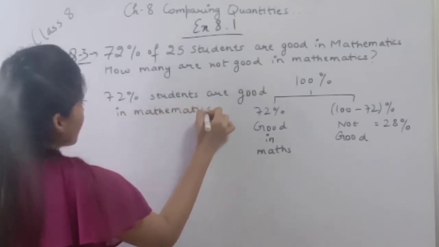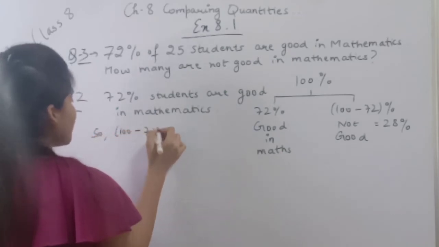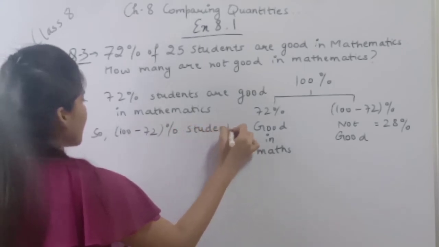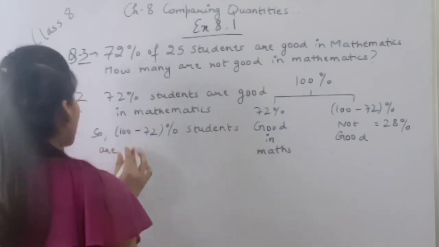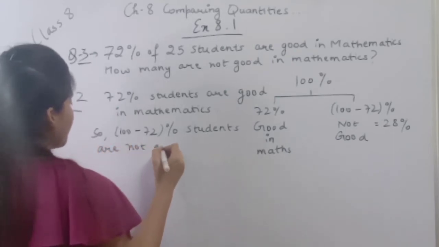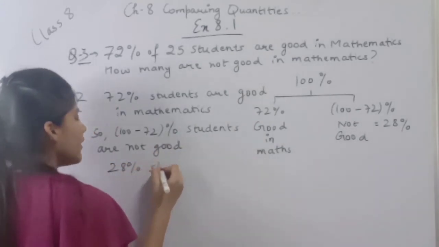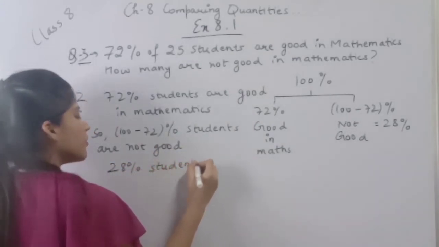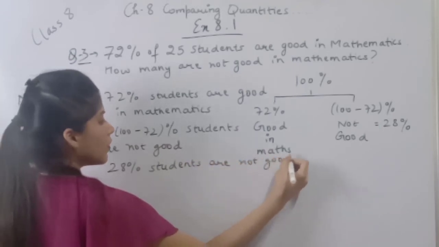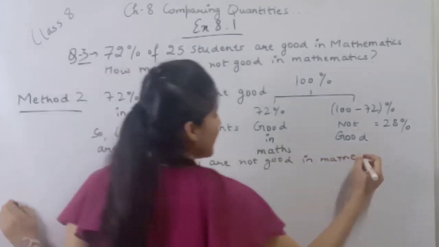Okay, so 100 minus 72% students are not good in mathematics, which means that 28% students are not good in mathematics.